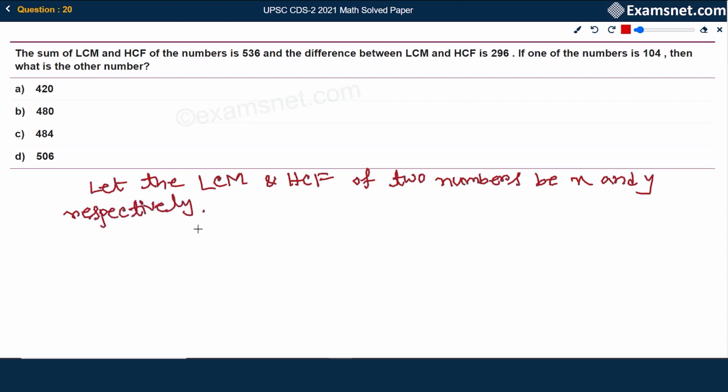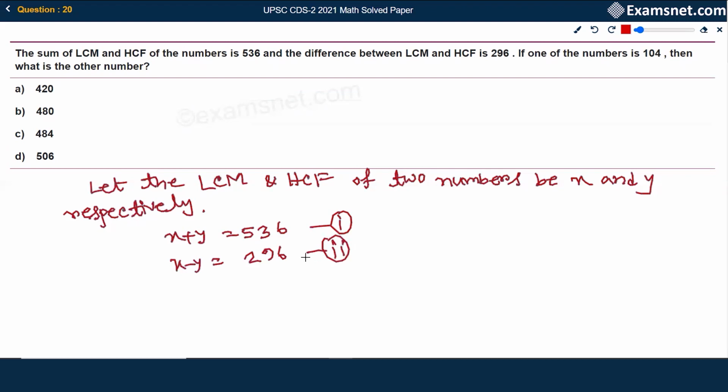According to the question, the sum of them is 536. Let's name it equation number 1, and the difference of LCM and HCF is 296. Let's name it equation number 2.